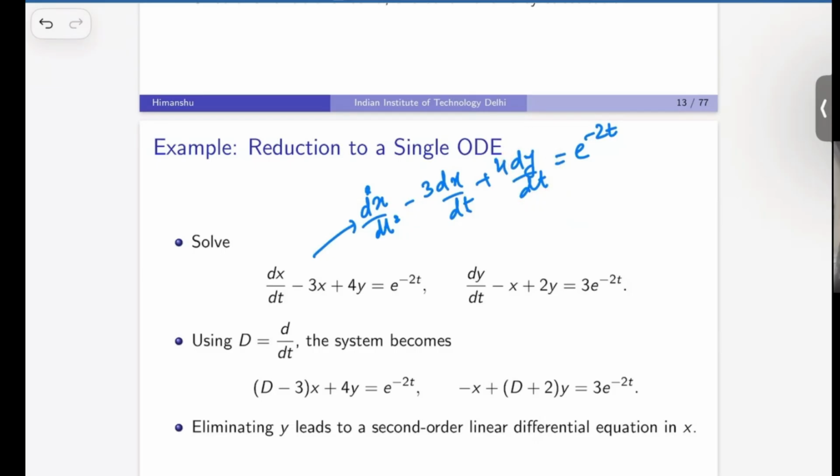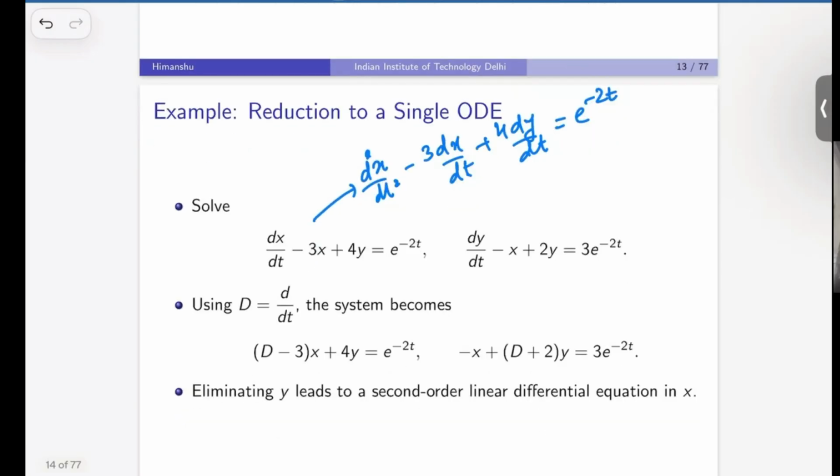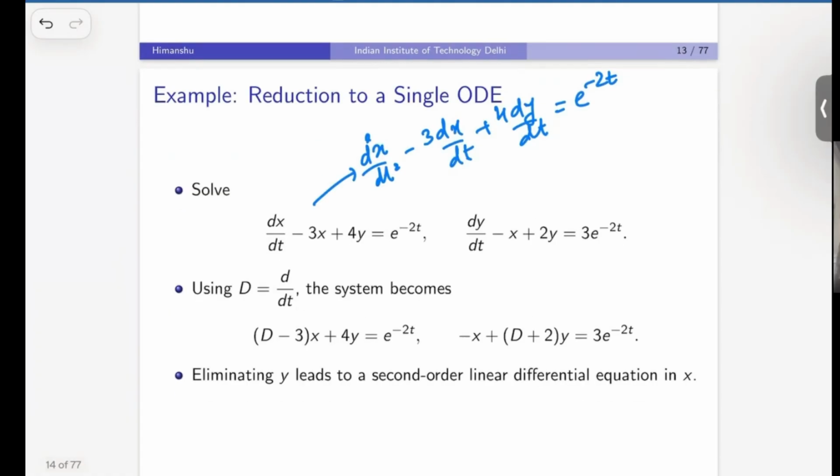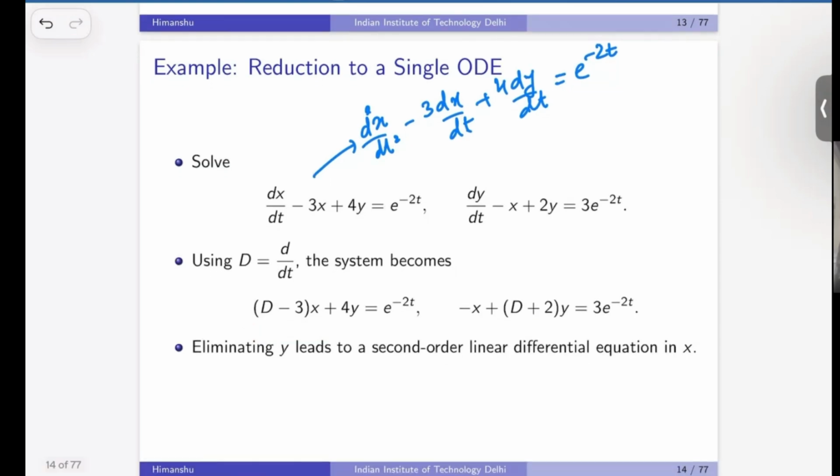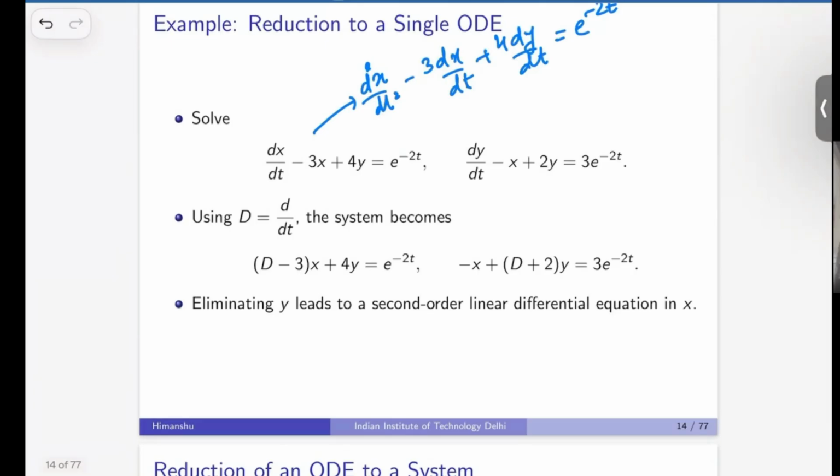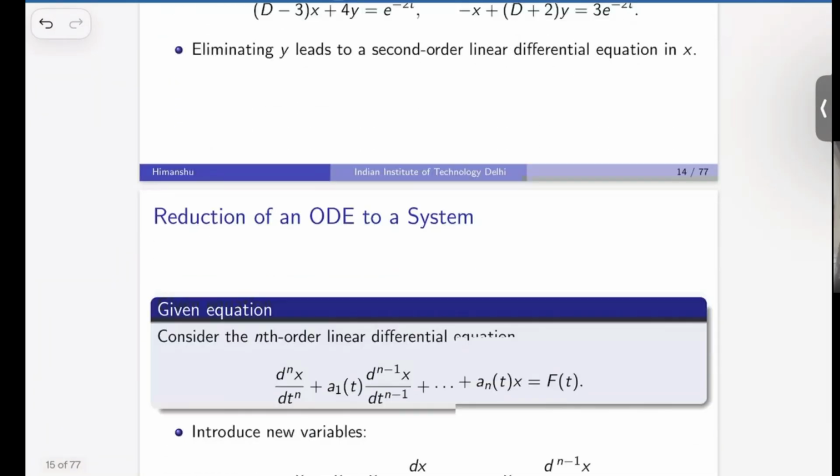You have an equation in one variable x, which depends on t. This is up to you how you do that. Another way is to write it in operator form and then do the elimination. Once you eliminate one variable, you get a differential equation in one variable.